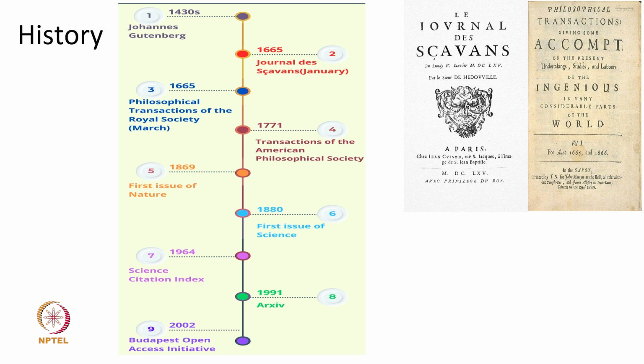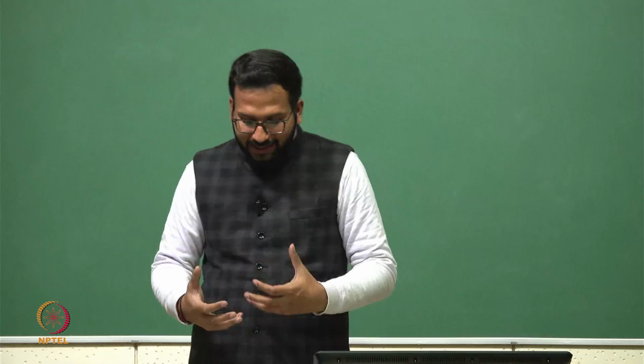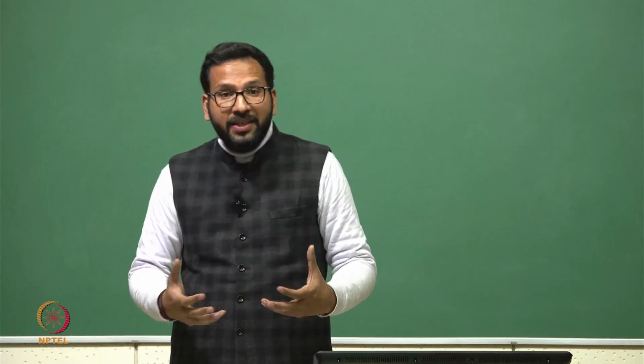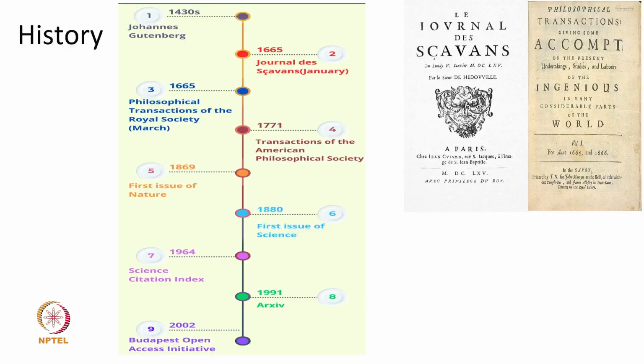However, the earliest channel of communicating science is considered to be journal publishing, which started in 1665 when a European journal, Journal des Sciences, was published. Shortly after this, in the same year, another journal, Philosophical Transactions of the Royal Society of London, was published.